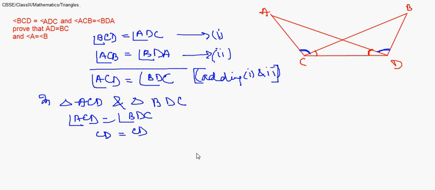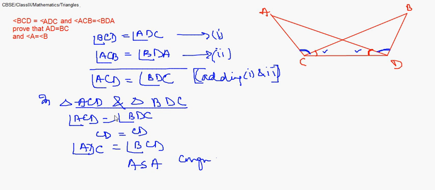And also ADC, given the small two red ones, ADC is given to be equal to BCD, these two. So by the ASA congruency rule we prove the congruency of these two triangles.